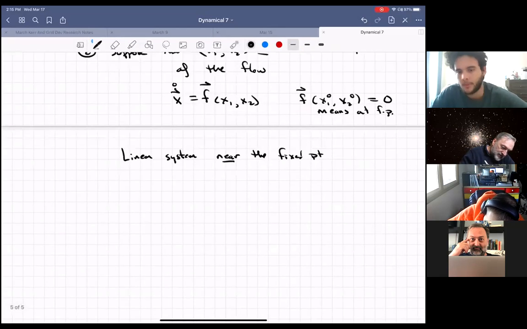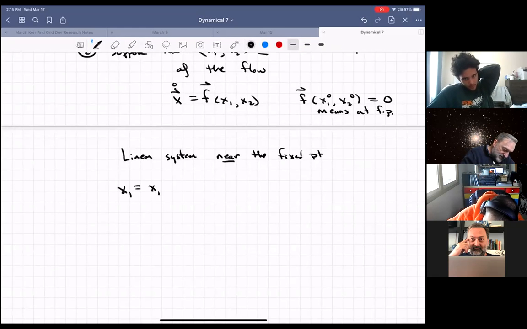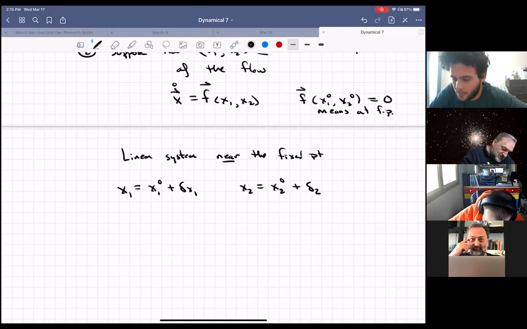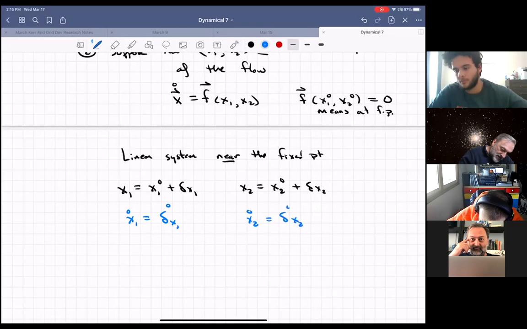So I said that x1 was supposed to be x1 naught plus delta x1, and x2 was supposed to be x2 naught plus some delta x2. That means that x1 dot is delta x1 dot, and x2 dot is delta x2 dot, because x1 naught and x2 naught are just constants.